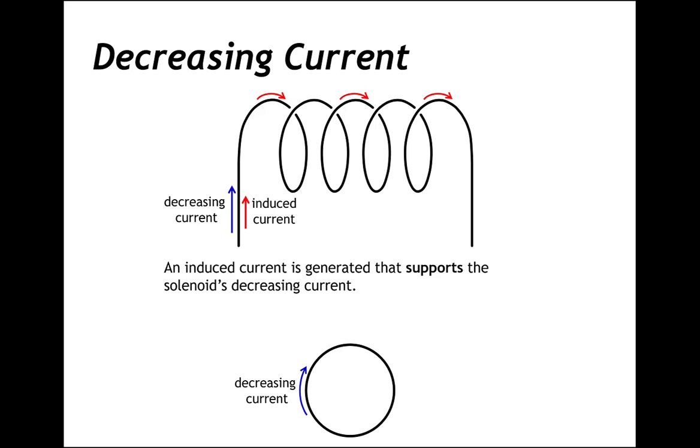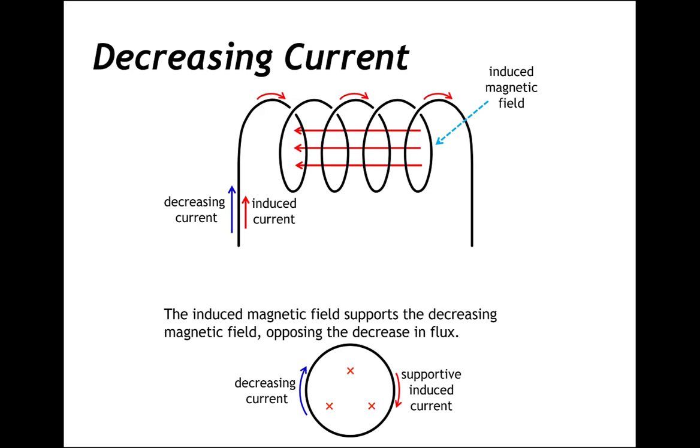So because the current was decreasing, the magnetic field was decreasing. And because the magnetic field was decreasing, the magnetic flux was decreasing. This induced current will then generate a magnetic field to support the decreasing magnetic field of the inductor, thereby opposing the decrease in magnetic flux.